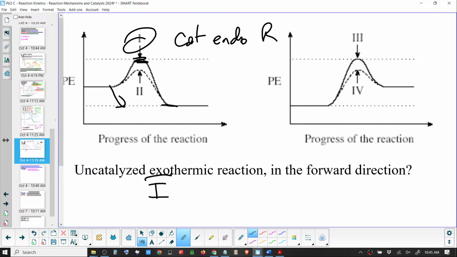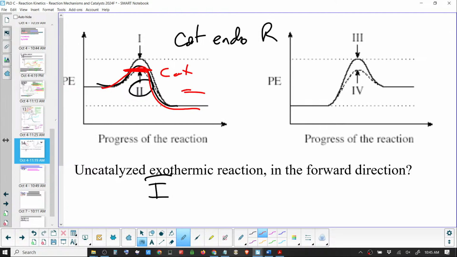And Portia, which one of those peaks represents the catalyzed endothermic reaction in the reverse direction? 2. It goes like this, so it's catalyzed. We're going reverse, and in the reverse direction, that in fact is endothermic. It is 2.